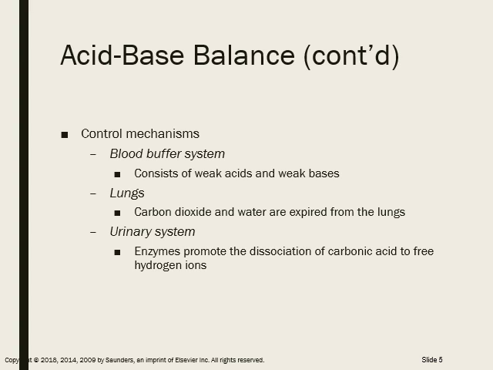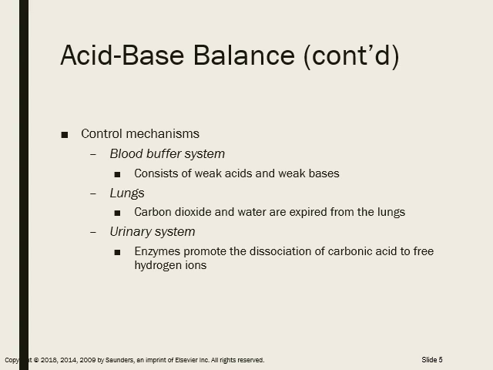There are 3 control mechanisms for pH. The first one is the blood buffer system, which consists of weak acids and weak bases. These buffer pairs can act quickly to stabilize the serum pH.